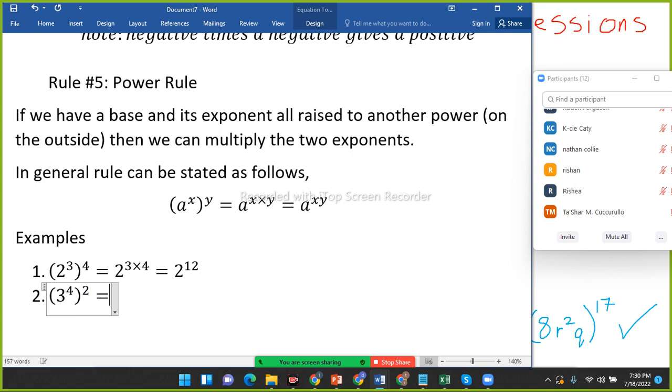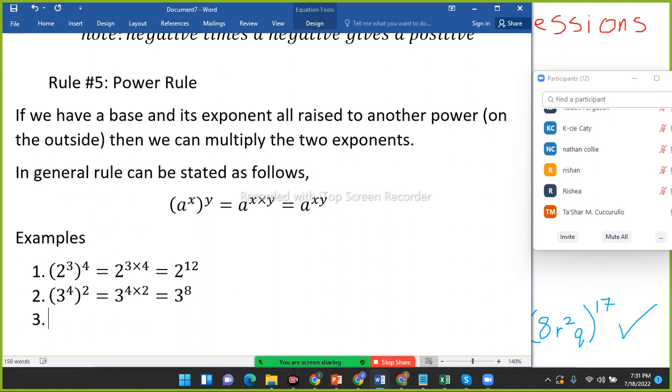What is the answer here? 3 to the power of 8. Excellent. So it's going to be 3 to the power of 4 times 2, which is equal to 3 to the power of 8.